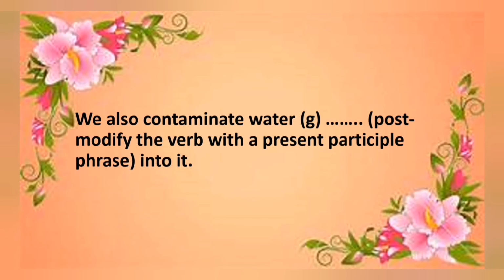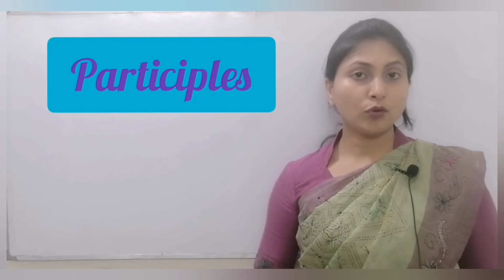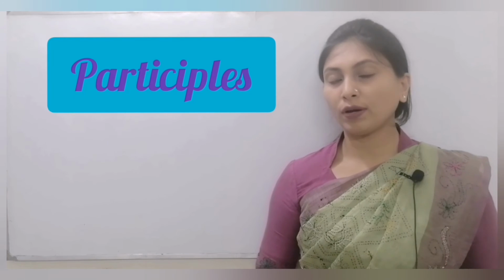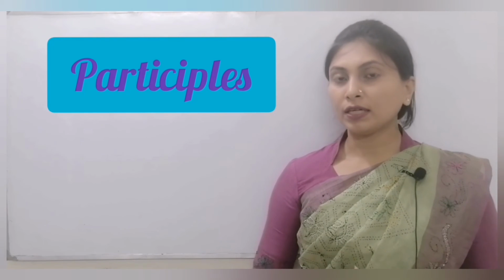We also contaminate water dash into it. Students, here we have to use a present participle phrase to post-modify the verb. Before we solve this, we must know about participles. There are two types.